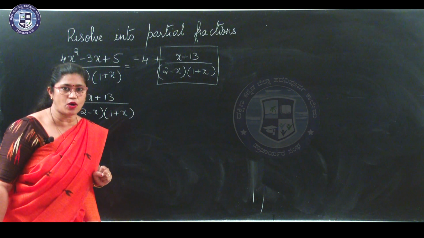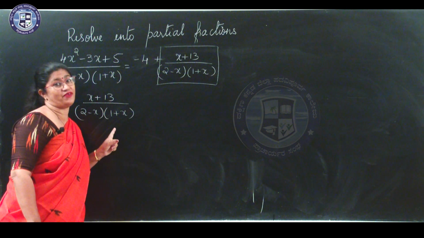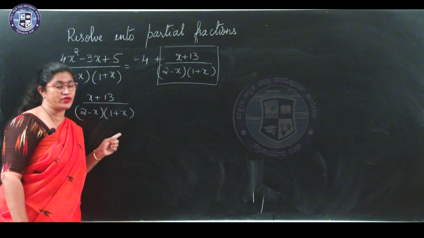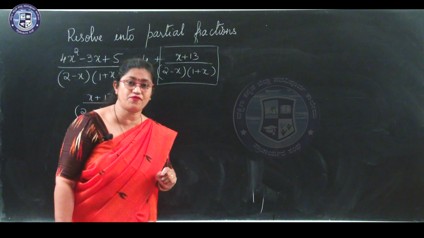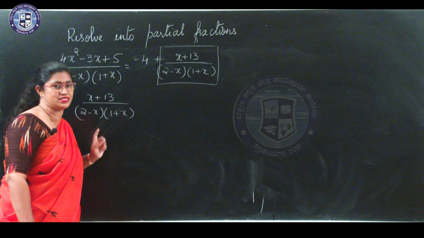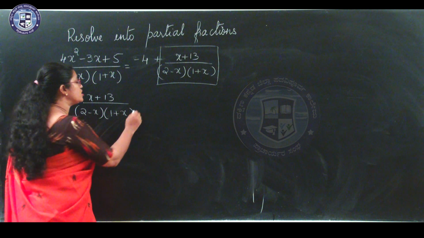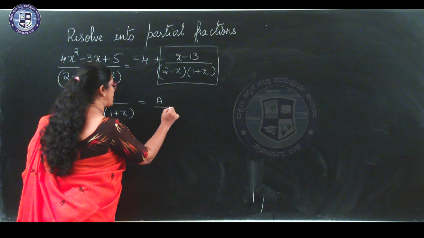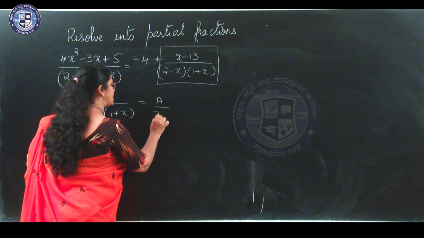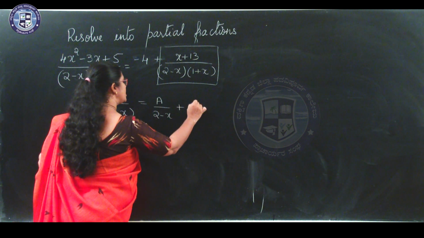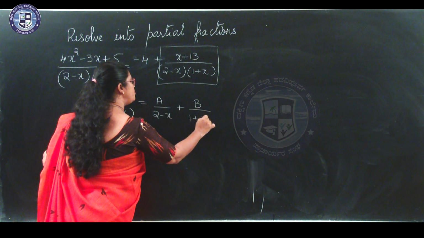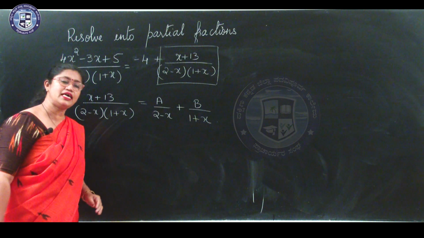You notice now I have written it back in the factorized form because when I resolve into partial fractions, I want it as factors in the denominator. So, for each linear factor, take a constant as the numerator. So, a by 2 minus x plus b by 1 plus x. Take the LCM.